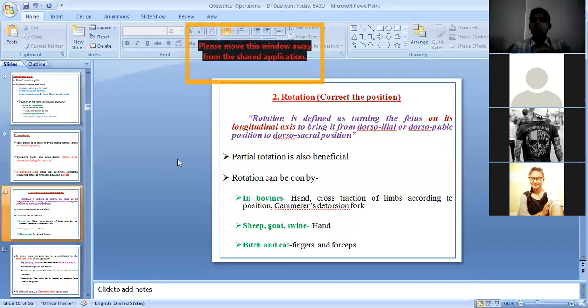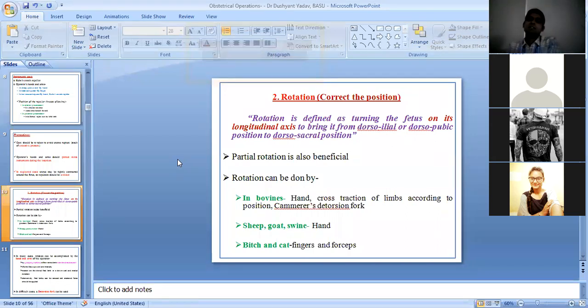So we should rotate the fetus on its longitudinal axis, like that. If this is the axis of the dam, and this is the axis of the fetus, then we rotate it in this manner only. This is called rotation of the fetus.